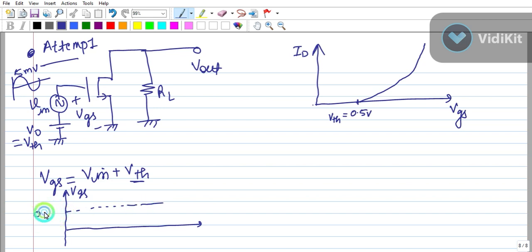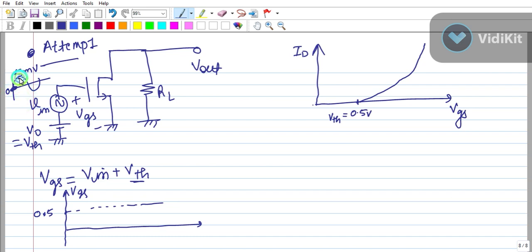VTH means 0.5. That 0 of V in will add with this, so 0 will come here. This point will shift to 0.5 volt.